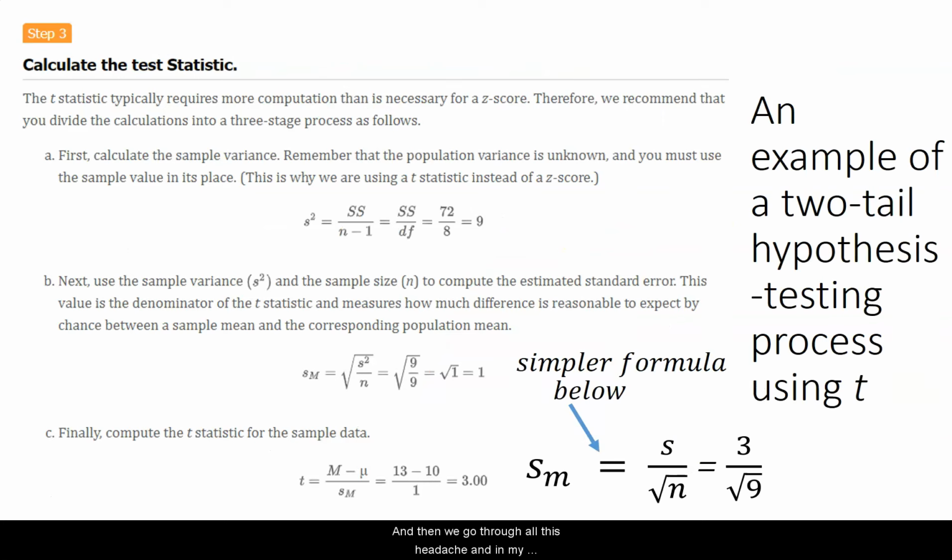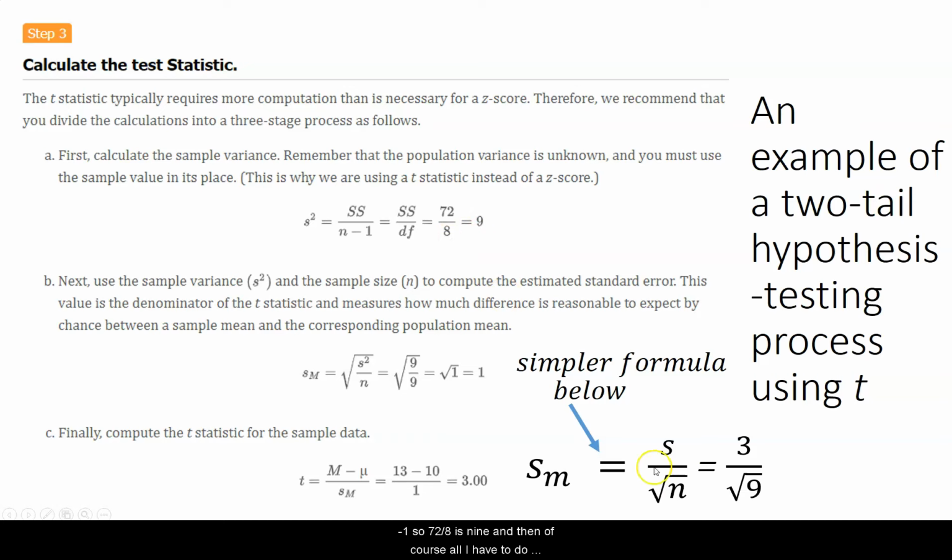And then we go through all this headache, and my problems are simpler, frankly, where we finally arrive at t. So what they did, and what I'll never have you do, is reduce the sum of squares to the variance. But you'll remember from Chapter 4, when we were actually in class together, that was very doable. It was sum of squares over n minus 1, so 72 over 8 is 9.